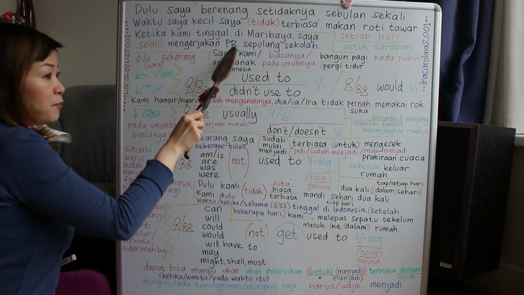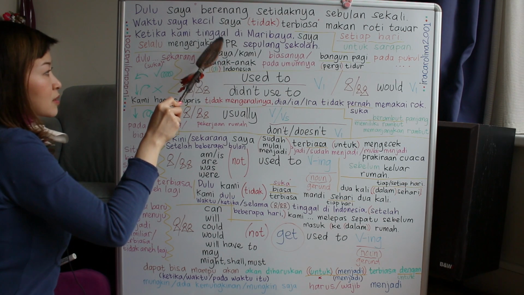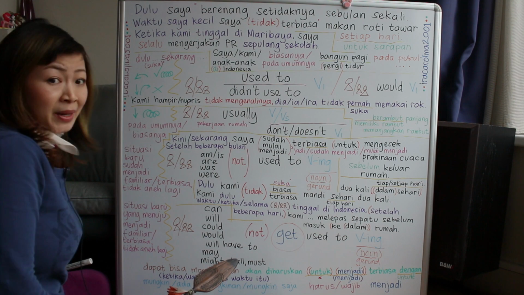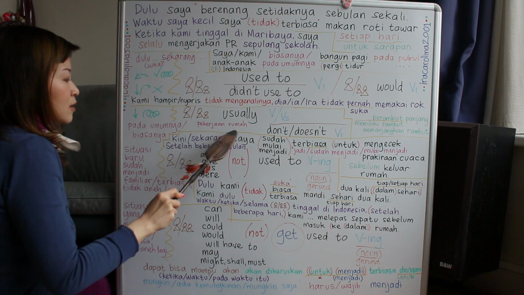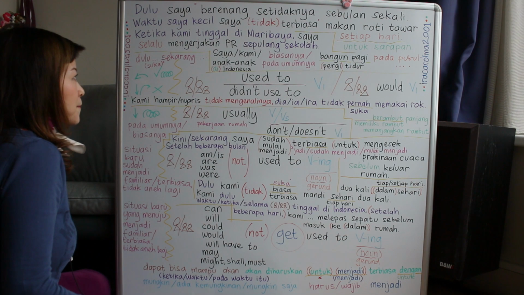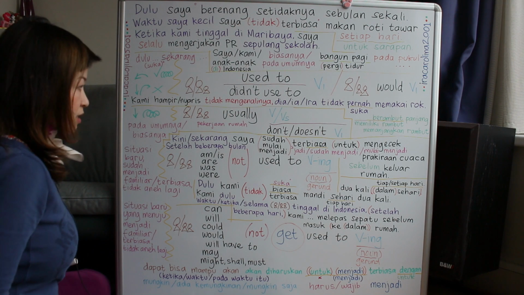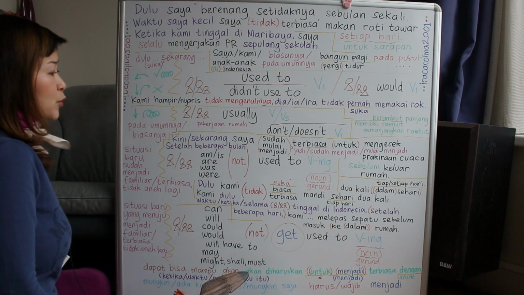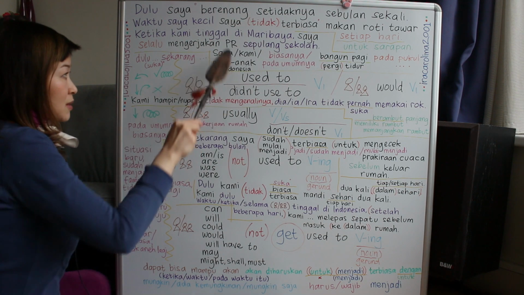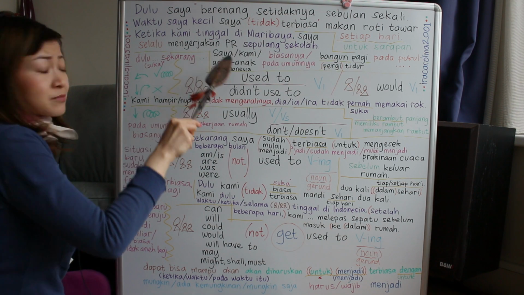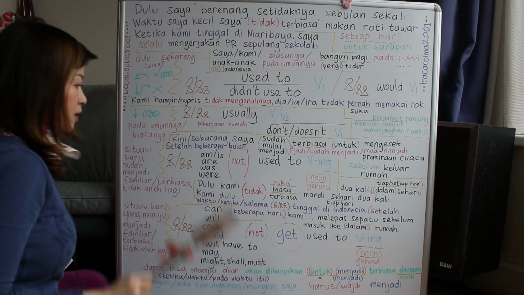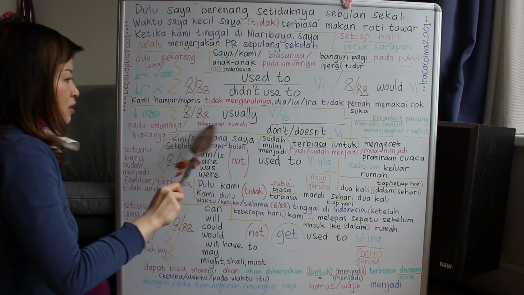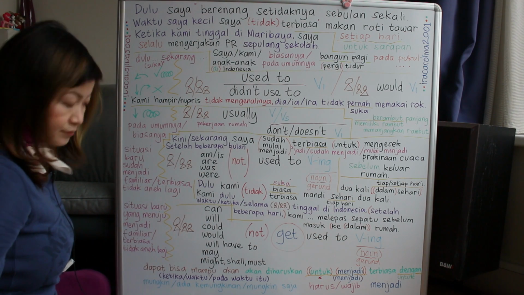We have to write it with capitals, PR, we pronounce it as PR, pekerjaan rumah is homework. Even though in English it is one word, in Indonesian language we put it as two words, but we put just the initials, PR. Ya. Pekerjaan rumah, work, home.